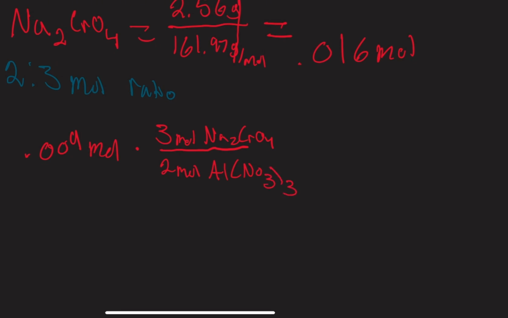And when we multiply that out, we're going to get an answer of 0.015, if we're following our rules for significant figures. Oh, moles. 0.015 moles.